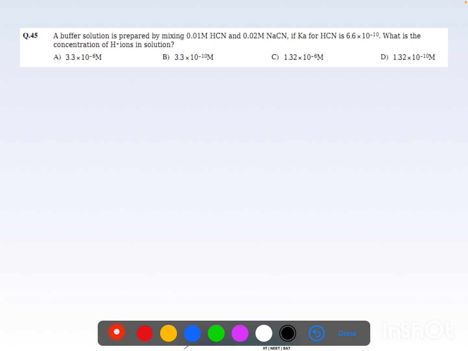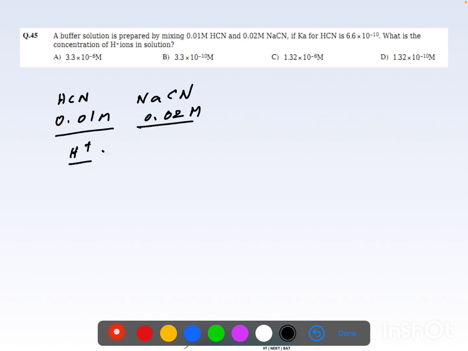A buffer solution is prepared by mixing 0.01 molar HCN and KCl. Yes, so this is a buffer solution, and here HCN is 0.01 molar and NaCN is 0.02 molar. Okay, so they are asking what will be the hydrogen ion concentration.